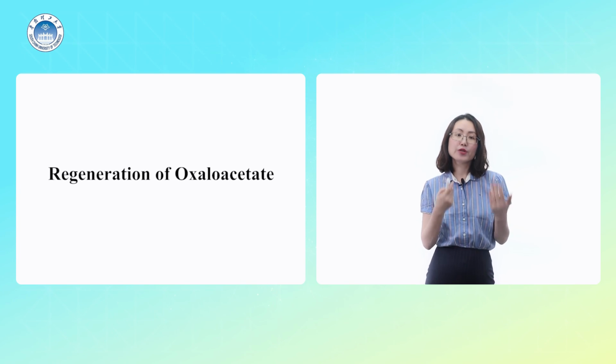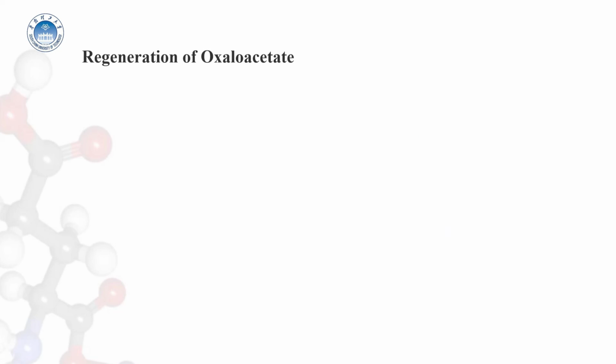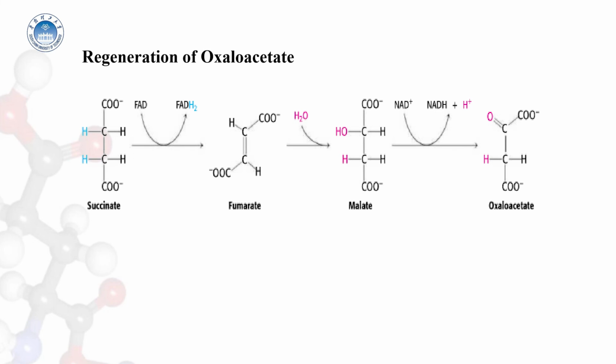Then let's go to the regeneration of oxaloacetate. The regeneration of oxaloacetate from four-carbon compounds is the final stage of the TCA cycle, and it involves three steps: an oxidation, a hydration, and a second oxidation reaction.